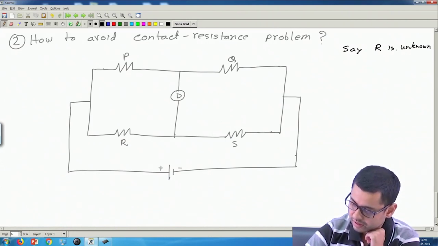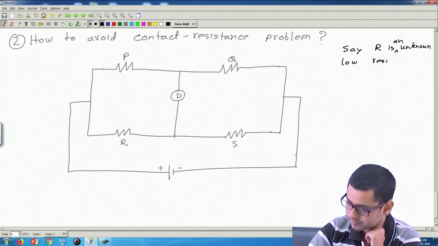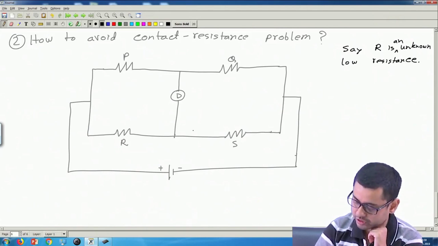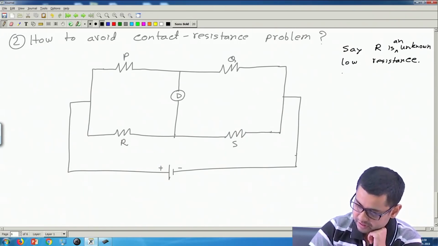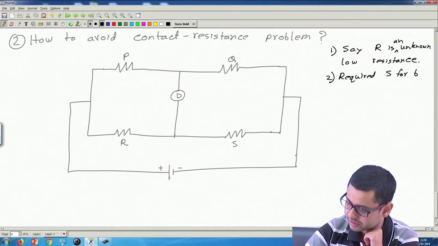R is an unknown low resistance, and say the required value of S for the balance is also low. Okay. So, R is unknown, required S for balance is also low.